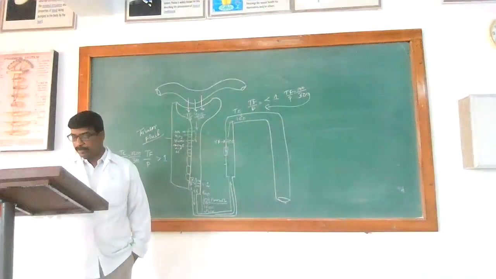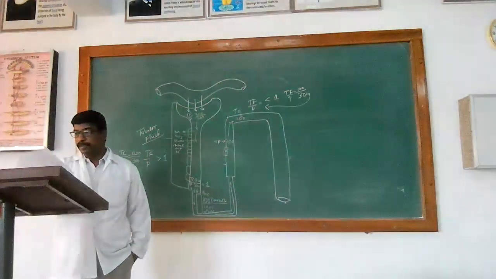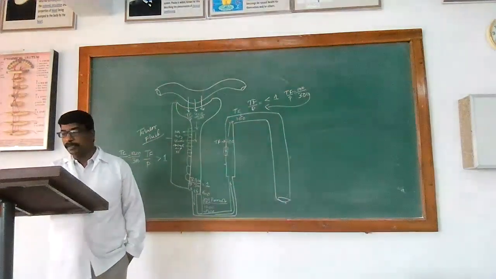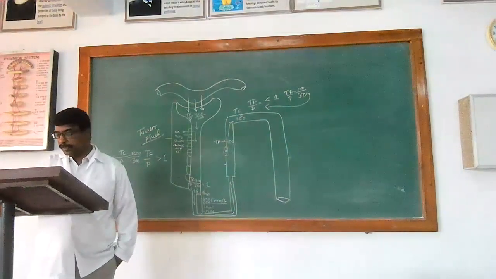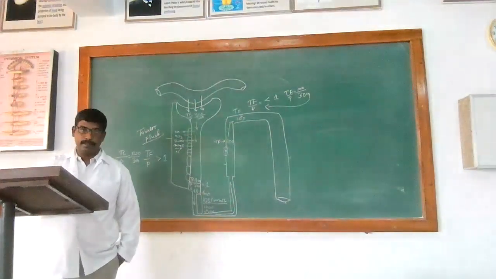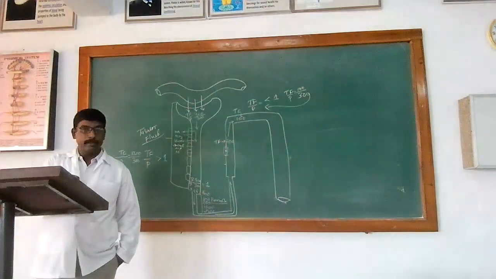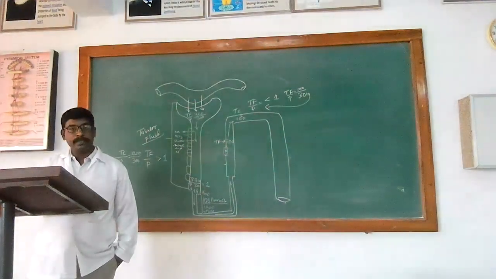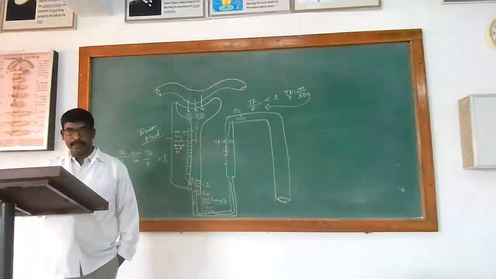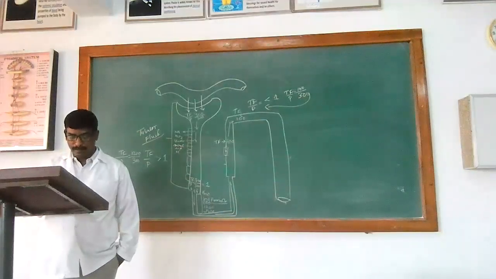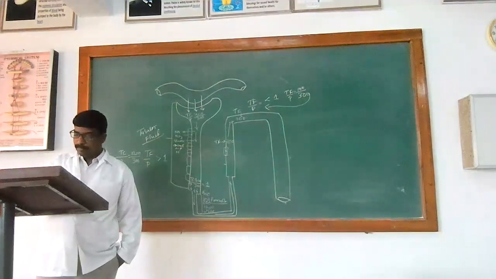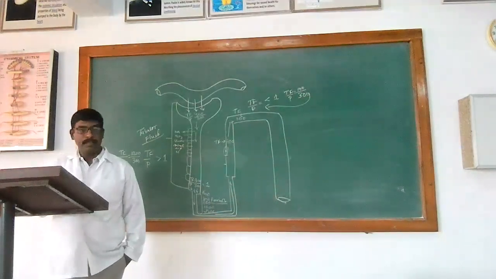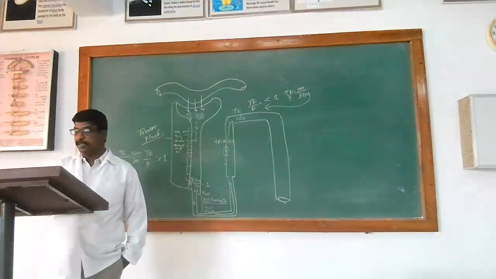Along with that, we will see some diuretics, which are responsible for urine excretion, sodium excretion, and potassium excretion, and all those things we will discuss later on. But today we are going to mainly discuss the GFR and the factors affecting GFR.